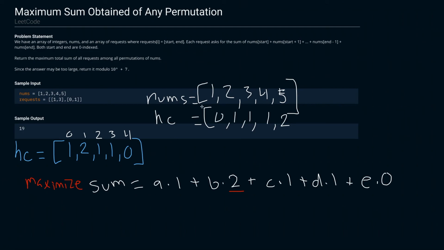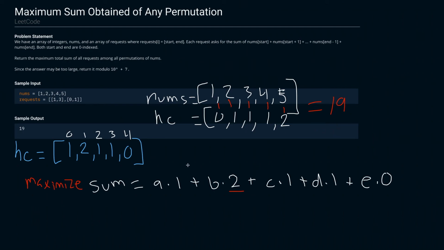And now our sum, if we look at this formula, is actually just going to be these values multiplied by one another. And then if we add those all together, so 5 times 2, 4 times 1, plus 3 times 1, 2 times 1, 1 times 0, we add all that together, what we'll get is 19, which is our solution.